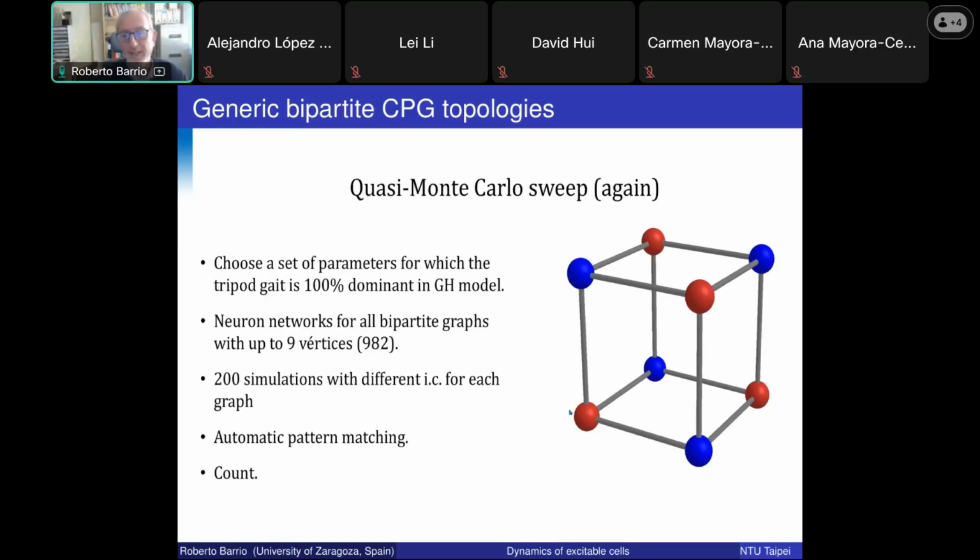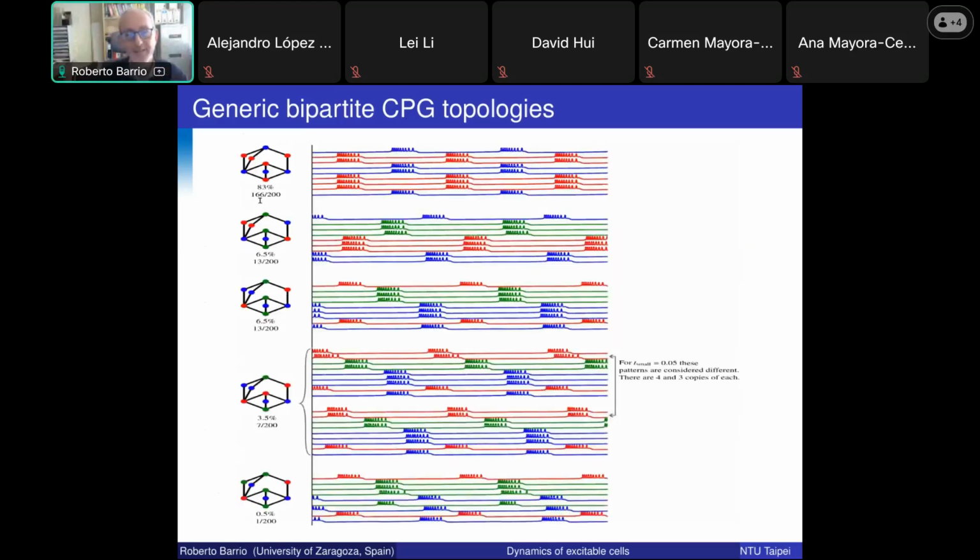Okay, so in that case we have made the analysis of these cases. This case is a bipartite pattern, and this graph is bipartite, but it can be a pattern with tripartite in this case, or other kinds of patterns. That means the bipartite graph can have the dominant one, the bipartite pattern, but also other patterns.